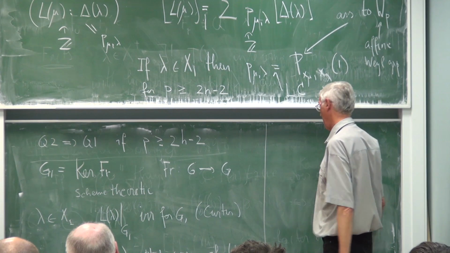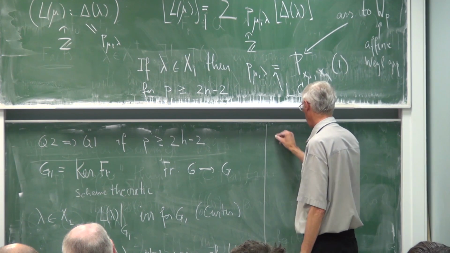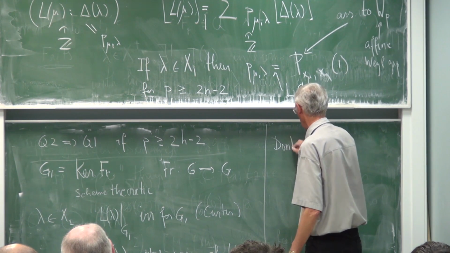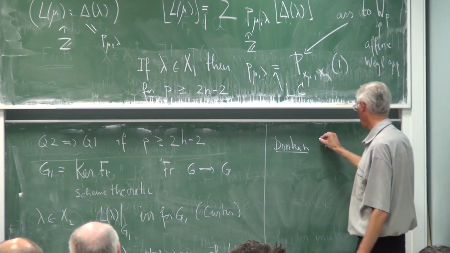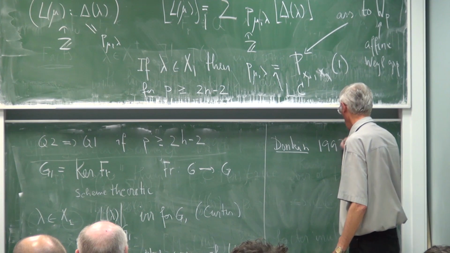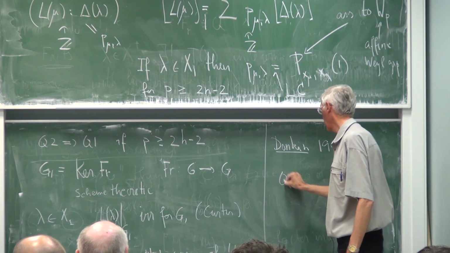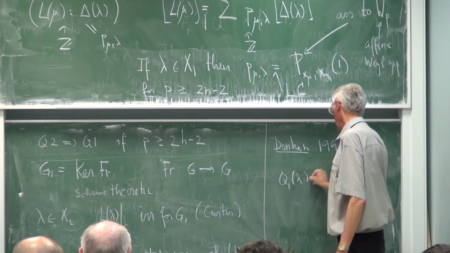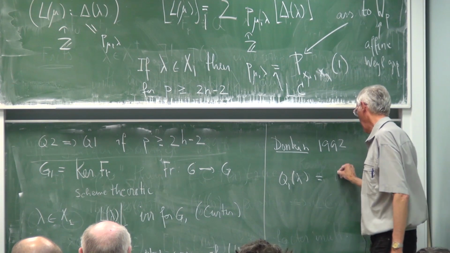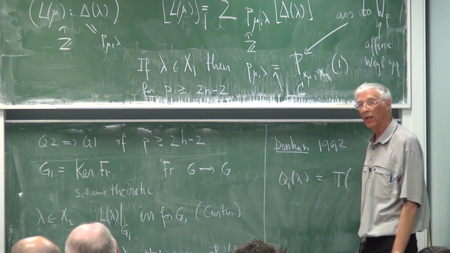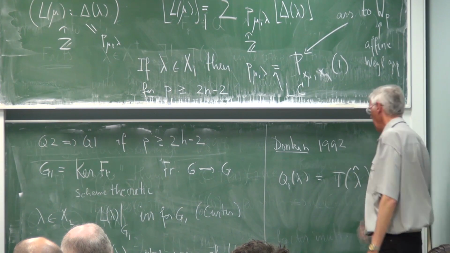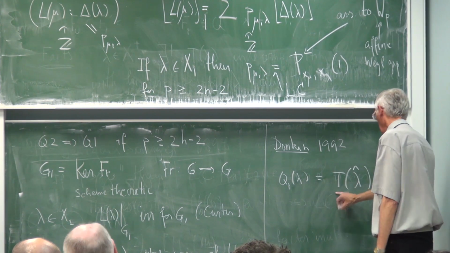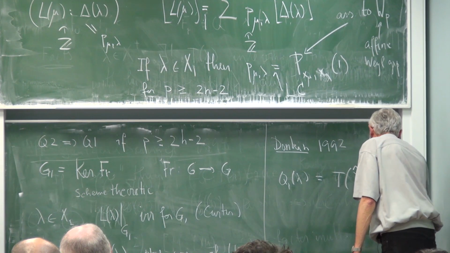I'm cutting here some other developments which I do not have time for, but Donkin conjectured in '92 that this Q1(lambda), in good cases at least, has something to do with tilting modules. He says Q1(lambda) is a particular tilting module restricted to G1.